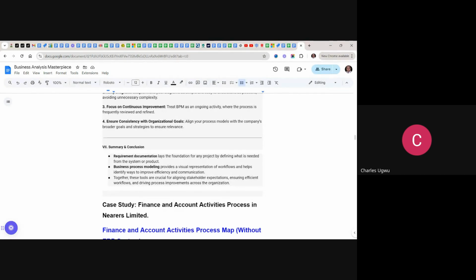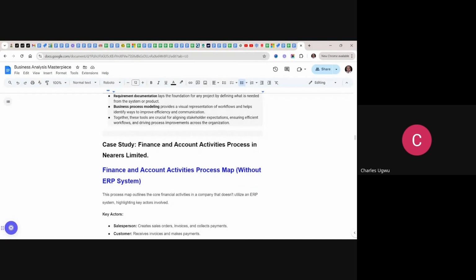So let's look at this case study where, after capturing requirements, we apply process modeling. I used Neras.com as an example where we are trying to implement an ERP system for Neras.com because of their inefficiency within the finance department.